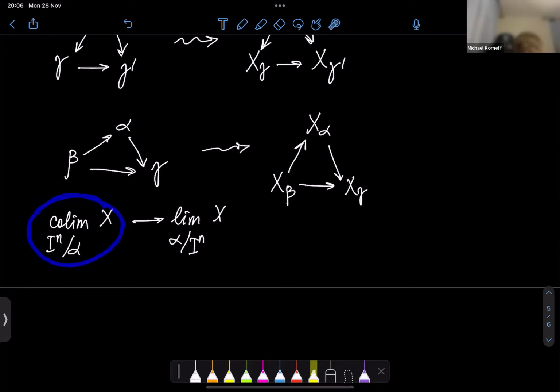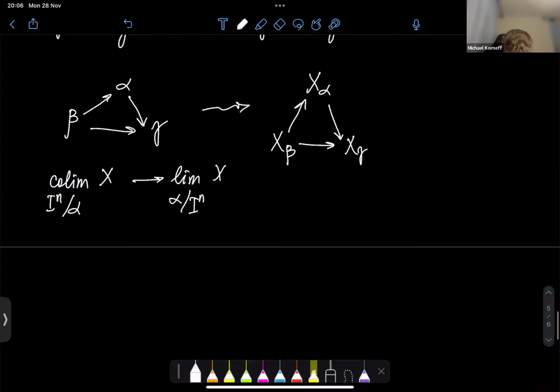This one is a left Kan extension, this is a right Kan extension of alpha, and this map should factor through x alpha. We should have the following factorization.